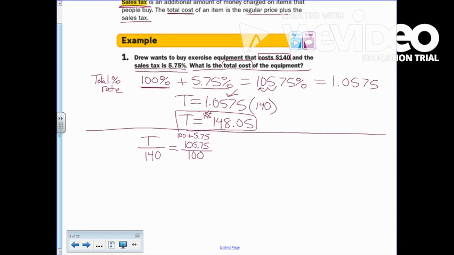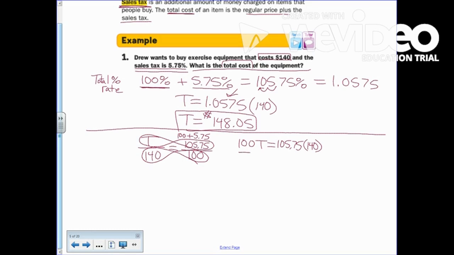So now we can cross multiply this proportion, and we get 100t is equal to 105.75 times 140.